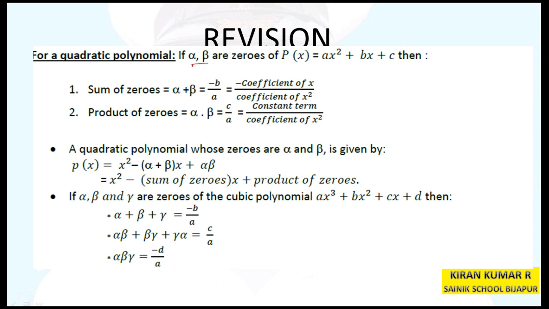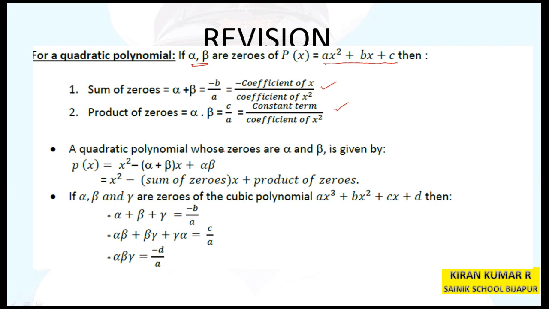If alpha and beta are the zeros of a quadratic polynomial of type ax square plus bx plus c, alpha plus beta is minus b by a, which is minus the coefficient of x by the coefficient of x square. Alpha beta, the product of zeros, is c by a, which is the constant term by the coefficient of x square.